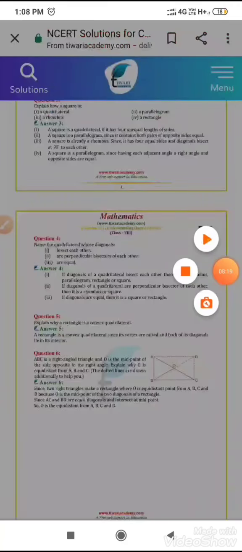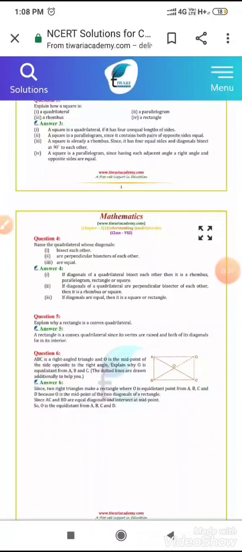It is given in question number 6 that ABC is a right angle triangle and O is the midpoint of the side opposite to the right angle, and we have to explain why O is equidistant from A, B and C. The dotted lines are drawn additionally to help you.